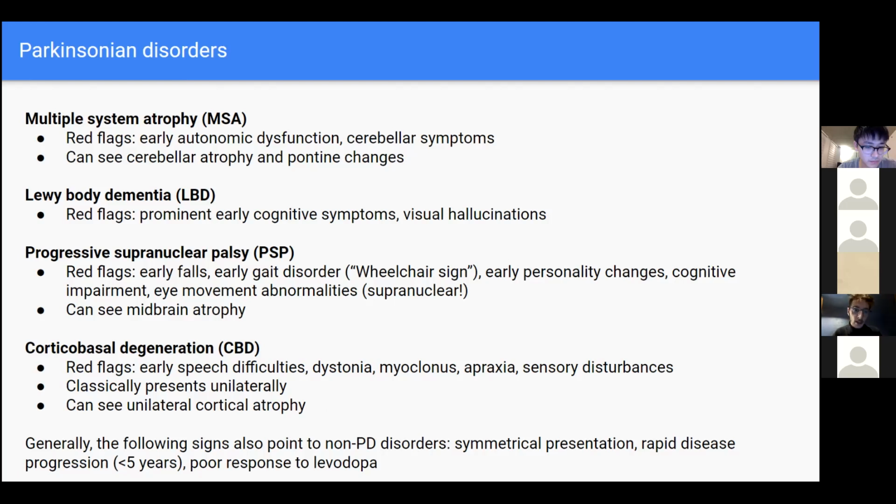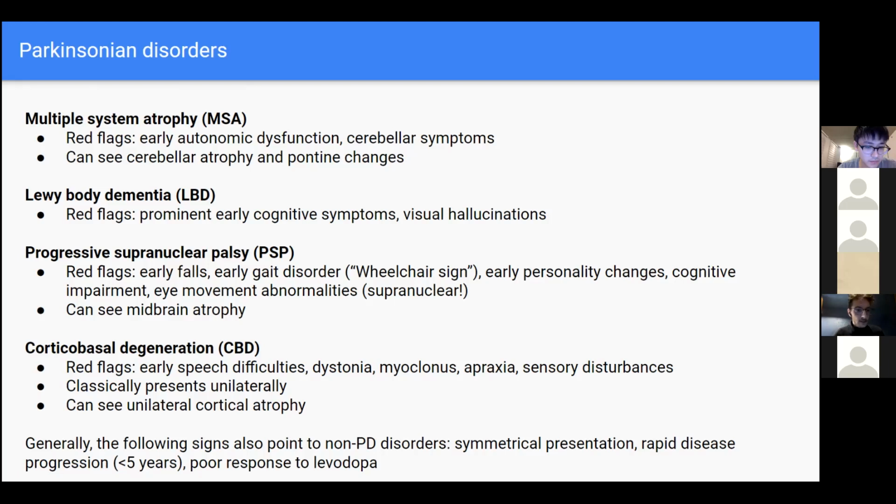So think of constipation, urinary symptoms, digestive symptoms, and then cerebellar symptoms, right? So instead of involuntary movements, uncoordinated movements. And if you image these patients, you can often see cerebellar atrophy and changes in the pons.